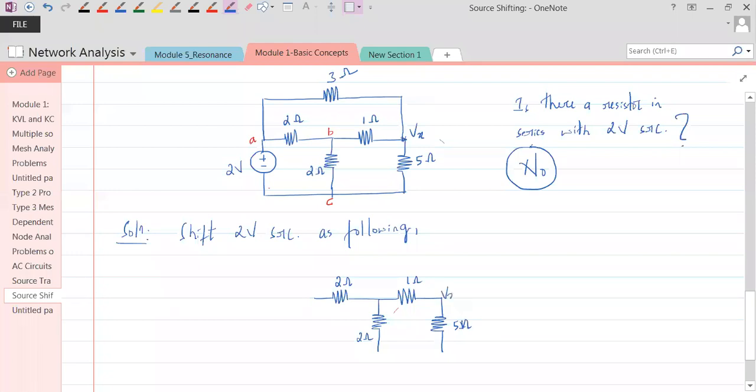Here is your Vx. You're not supposed to lose the 5 ohms. Now, what happens? This is A. This is B. A has to be connected with positive and C has to be connected with negative.